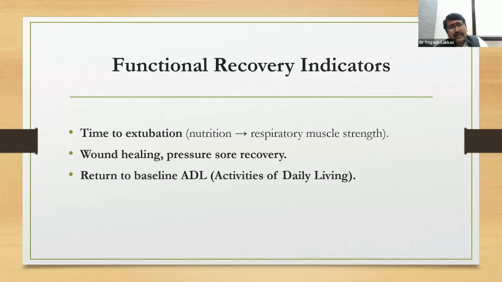Then wound healing, then pressure sore recovery, you can watch all these parameters clinically. The return to baseline activities of daily living: when the patient is doing the baseline daily activities, you can assess that the nutrition supplemented is sufficing the needs of the patient, and the recovery would be good.